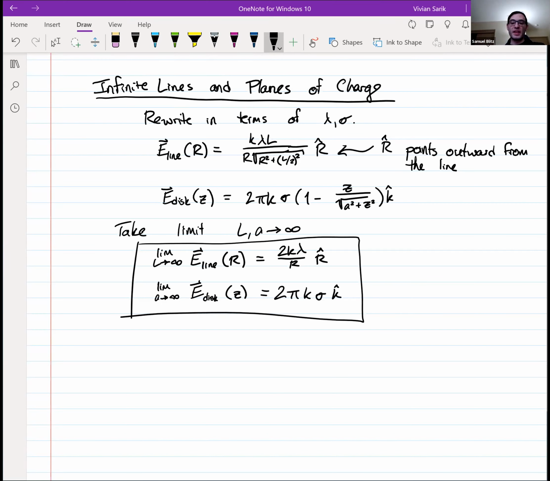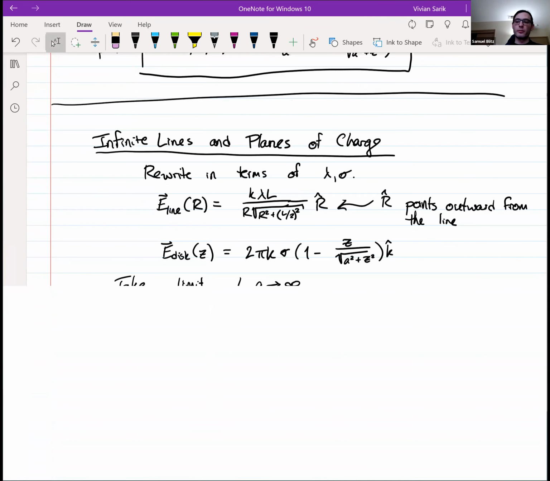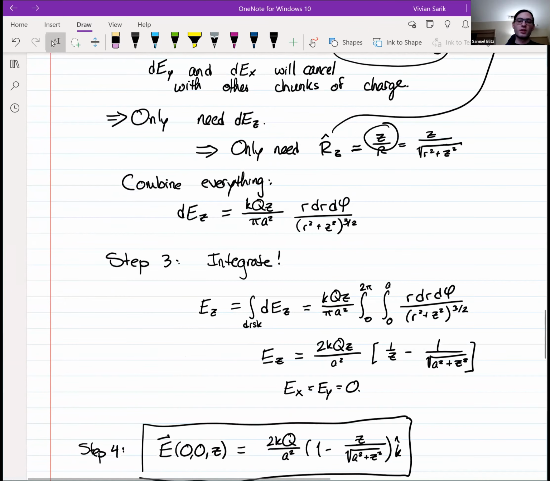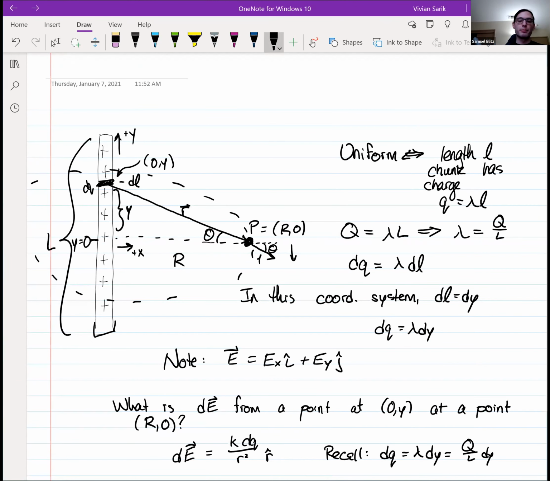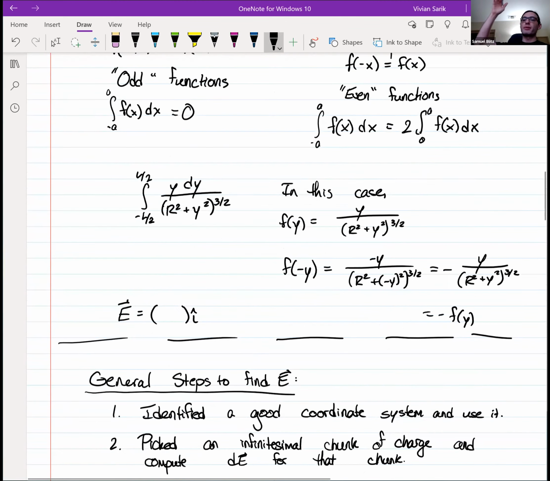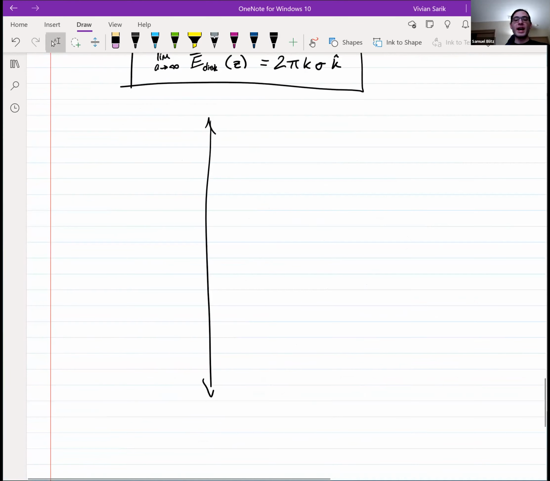In particular, if you have an infinitely long line, you don't need to specify that you're exactly halfway between the top half and the bottom half, because every point has an infinite amount of charge above it and an infinite amount of charge below it. So it works for every point.